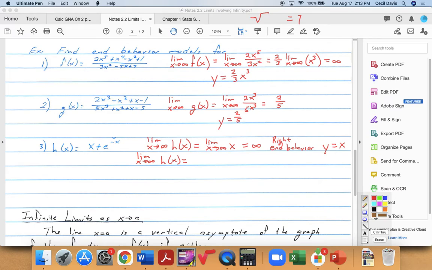It turns out that this is going to be the same as the limit as x goes to negative infinity. Let me fix that rather than just write it in.